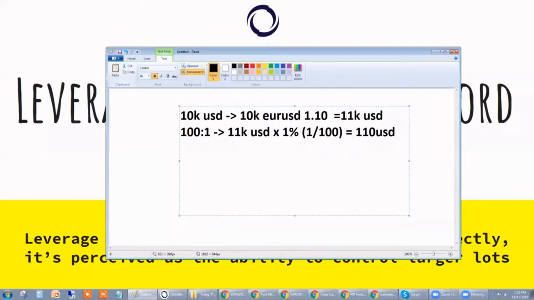So for you to understand, remember that leverage will allow you to control a bigger size of your account, but at the same time, you will be exposed, if you don't control your risk, to margin calls if you cannot meet the minimal requirements.